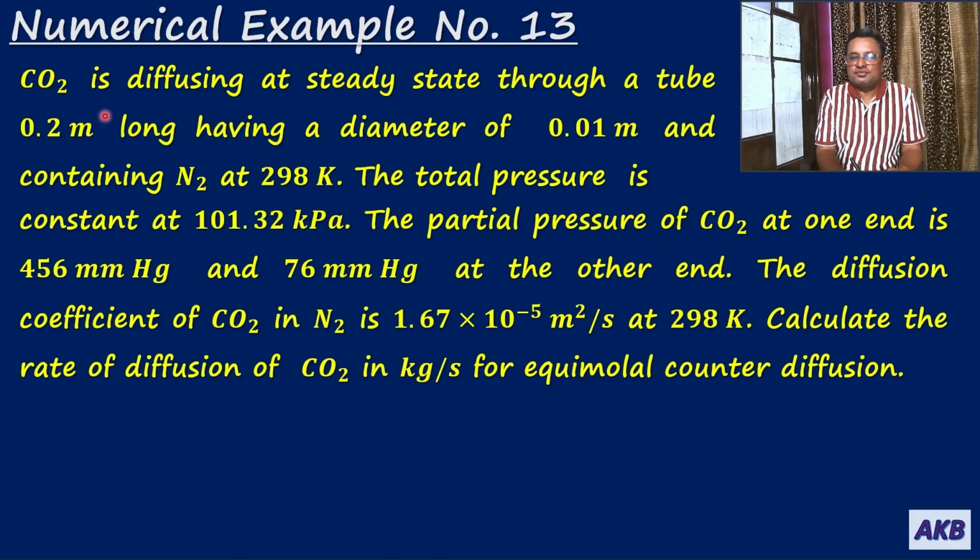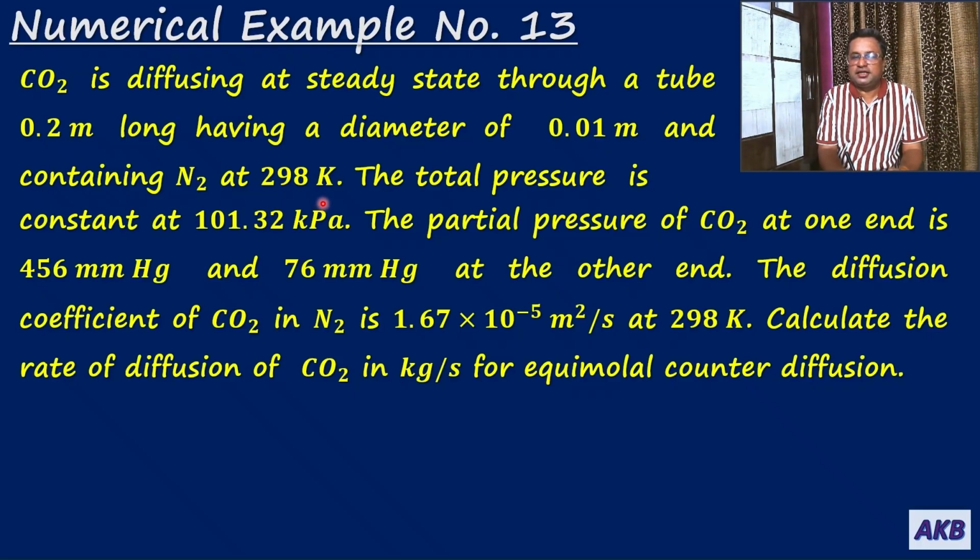So in this case, we have two gases. One is carbon dioxide and the other one is nitrogen. Carbon dioxide is diffusing at steady state through a tube whose length is 0.2 meter and diameter is 0.01 meter, and the tube contains the other gas, which is nitrogen.